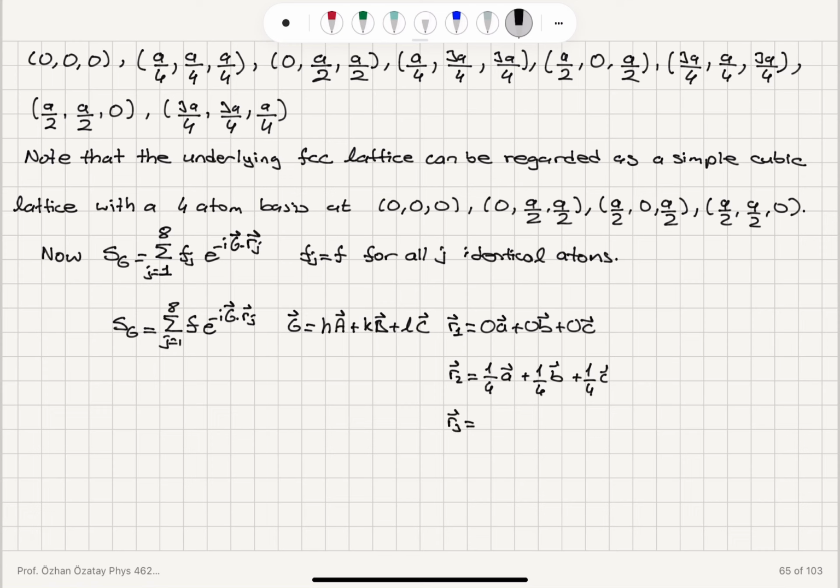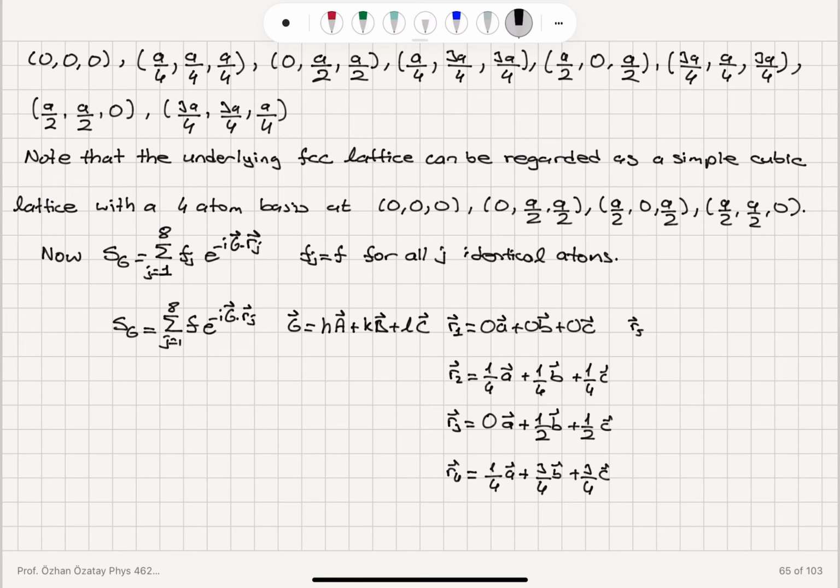R3, the third one, position vector, is 0A plus 1/2 B plus 1/2 C. The fourth atom position vector is 1/4 A plus 3/4 B plus 3/4 C.